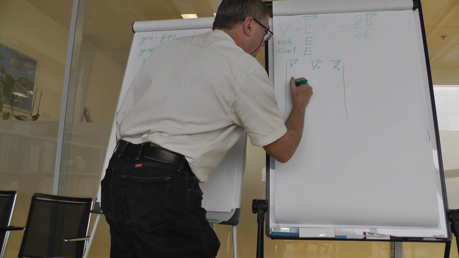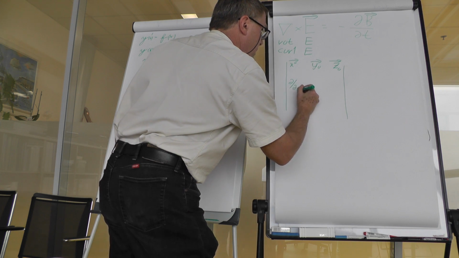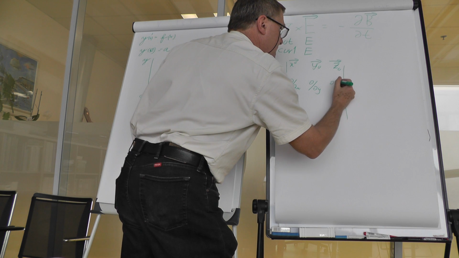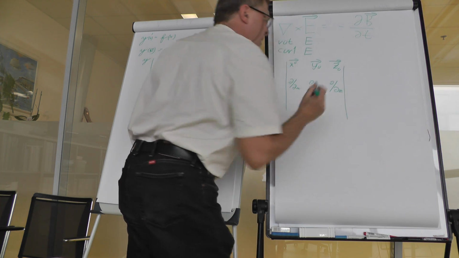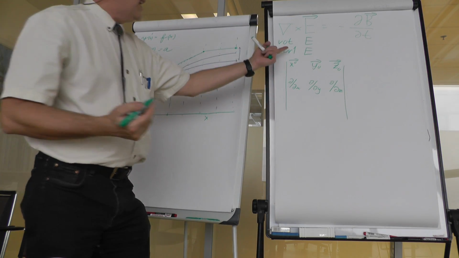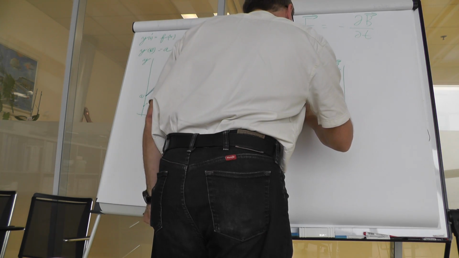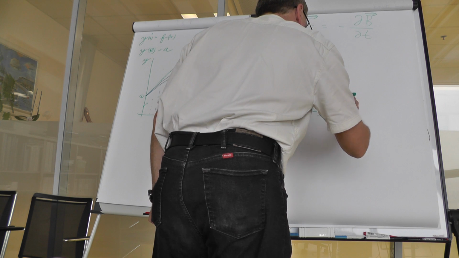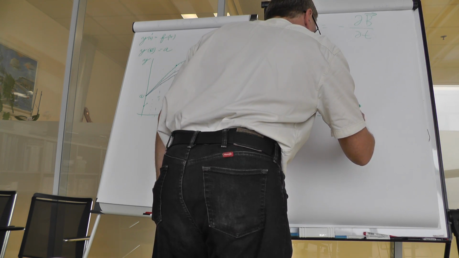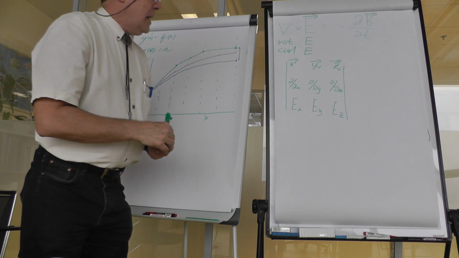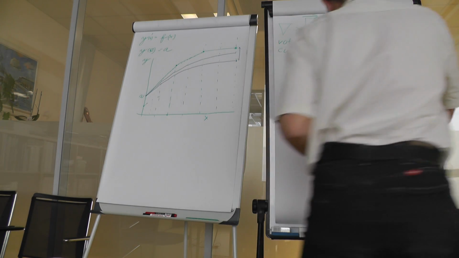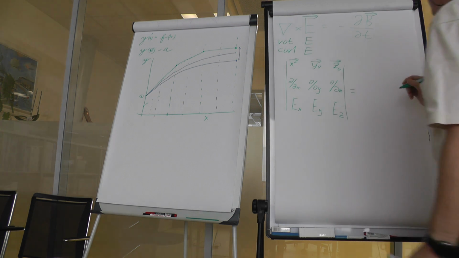So we would have the first derivative against x, the first derivative against y, and the first derivative against z. Well, and the third row is the vector E, so it's Ex, Ey, and Ez. And this is to make the complete equation.